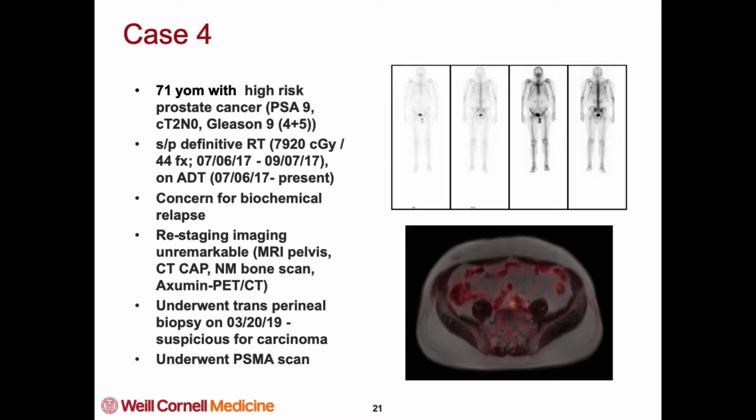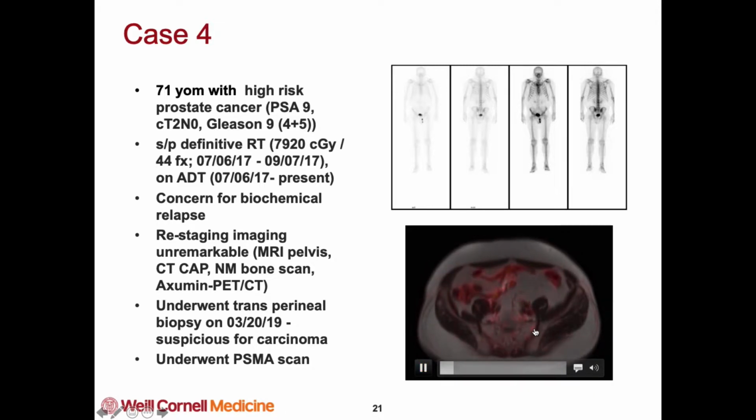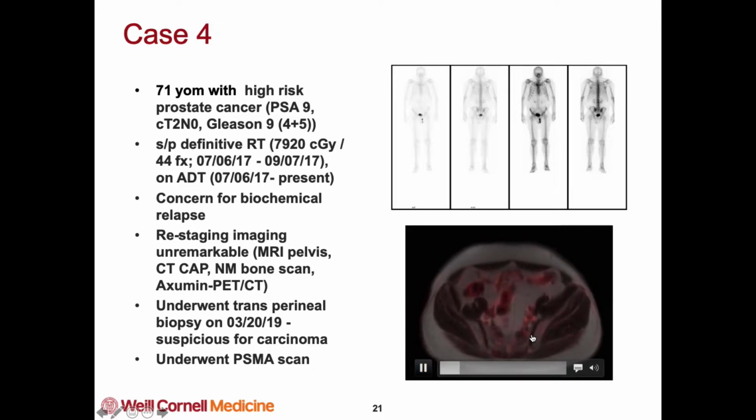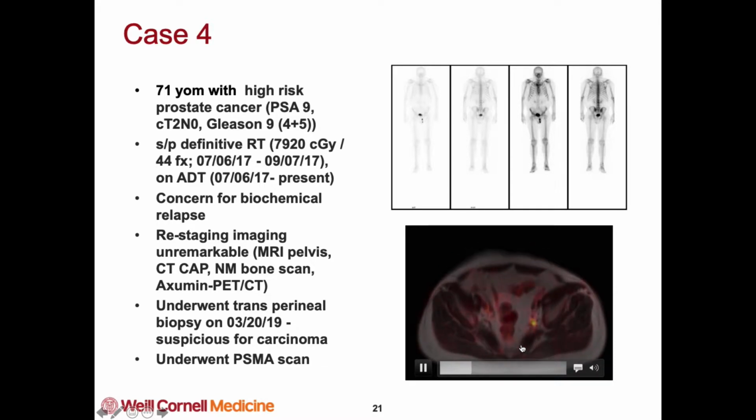We have a prospective ablation trial at Cornell, and part of that includes PSMA pre-ablation. So he enrolled in that, and unfortunately, prior to doing the procedure, as this PSMA MRI shows, you see some positive lymphadenopathy on the left side as well as in the sacrum. So because of this, he was not a candidate for salvage cryoablation.